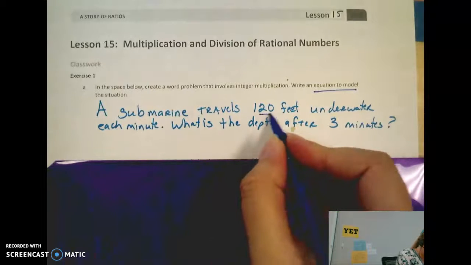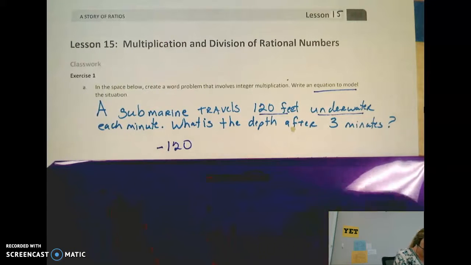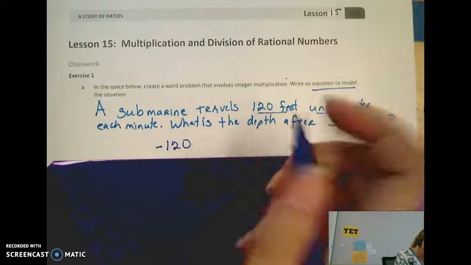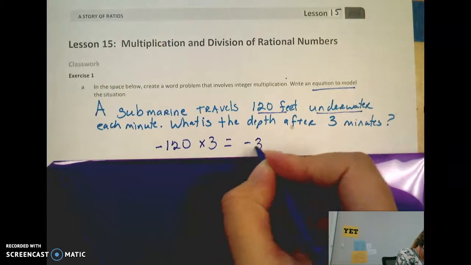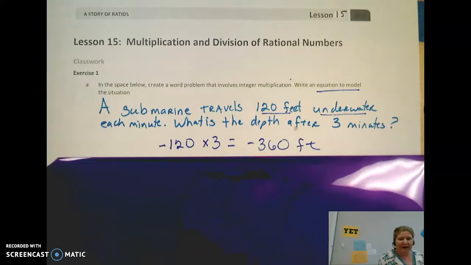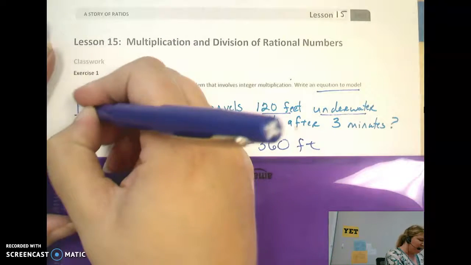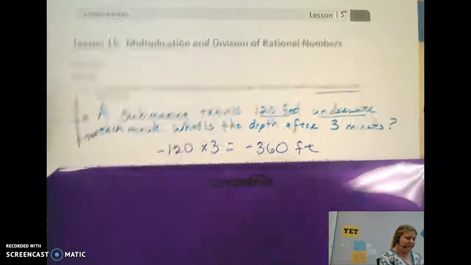So 120 feet underwater would be negative 120, and then 3 minutes times 3. So negative 360 feet is the depth after 3 minutes. And the depth can be negative 360 because we're thinking of it as the negative indicates below sea level.